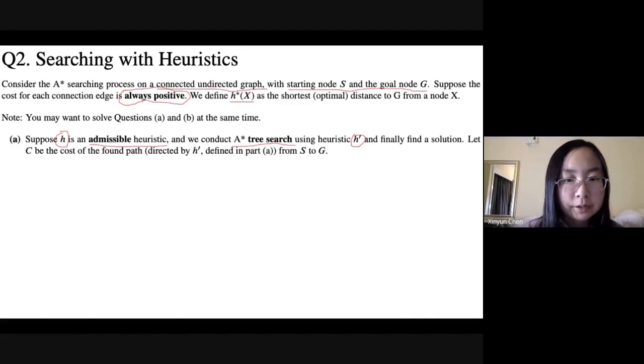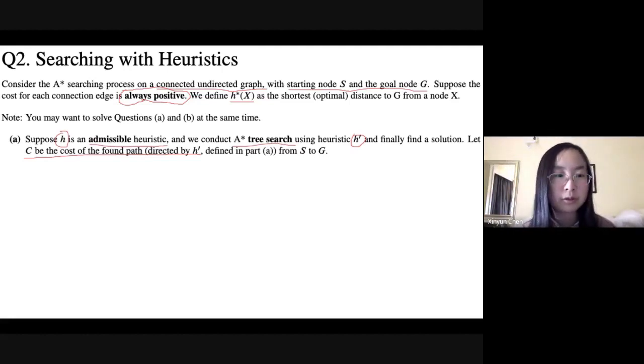Then we know that C is the cost of the path formed by H prime.